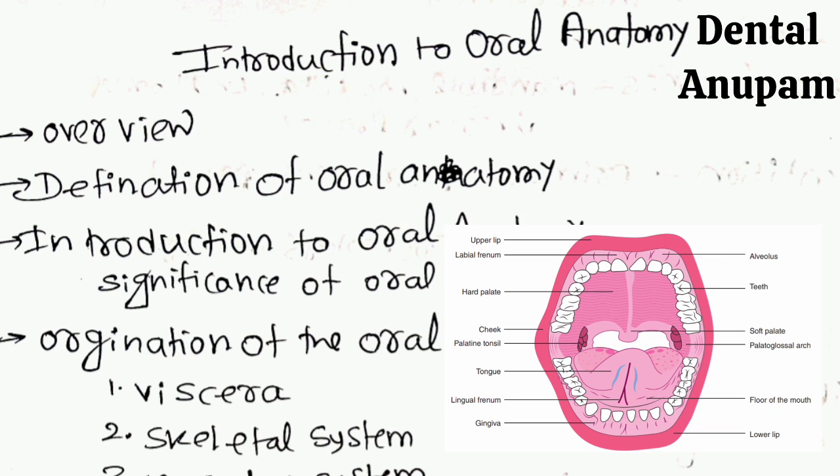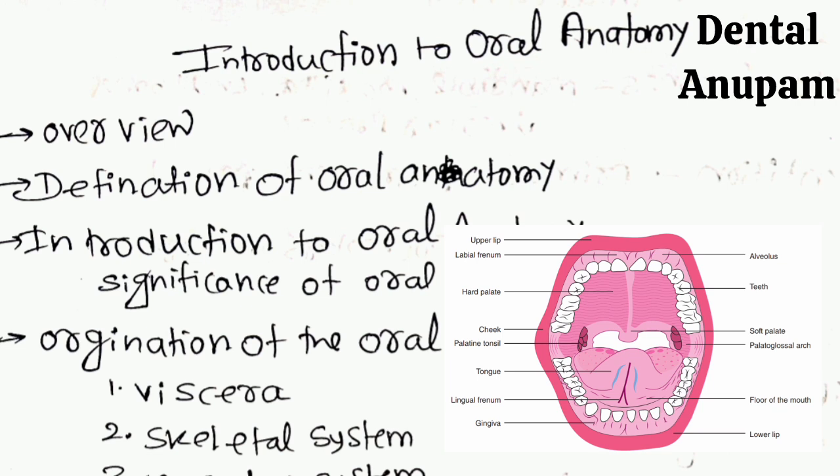This chapter, introduction to oral anatomy, aims at providing the necessary explanation to help understand the fundamental terminology and structural units associated with oral anatomy.